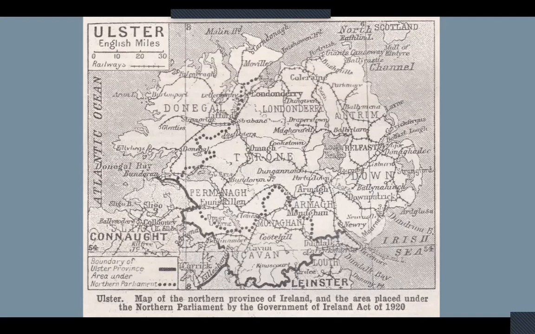This is a bit strange, but as we've been talking about in the previous episode, the whole partition is very strange. What's interesting about this map is that it was obviously made in Northern Ireland, because they talk about Londonderry and not Derry.